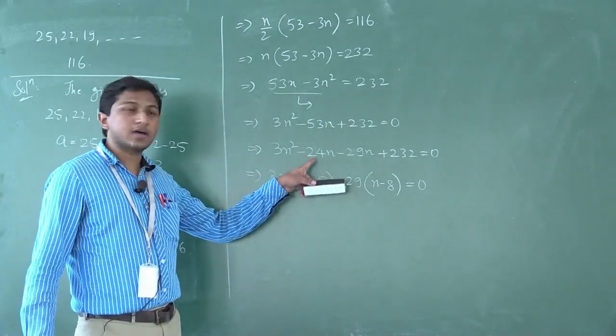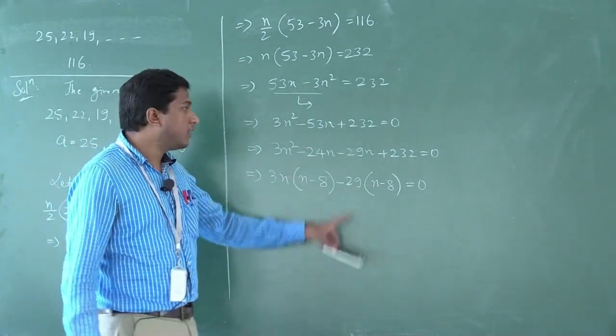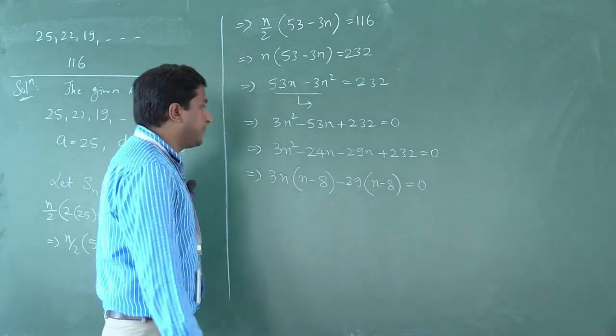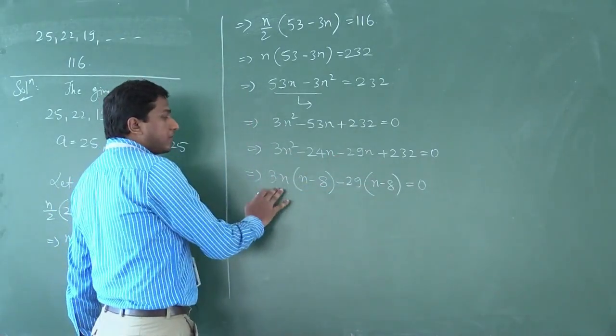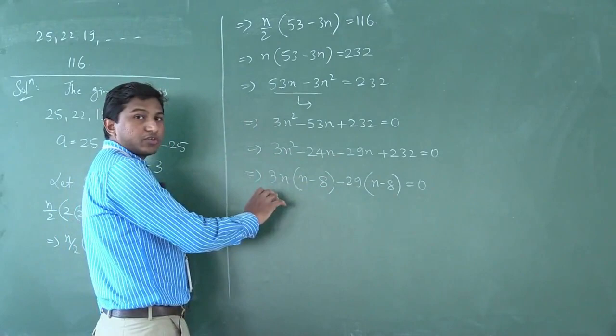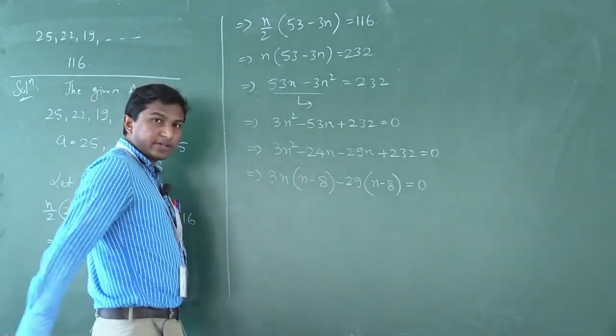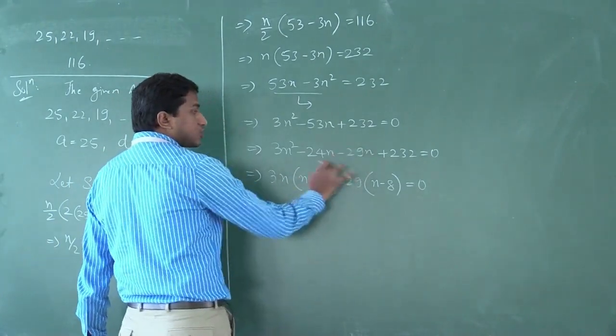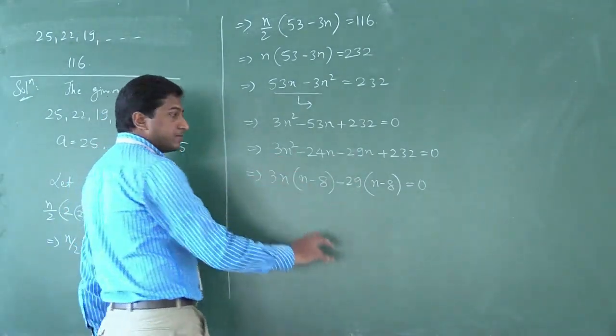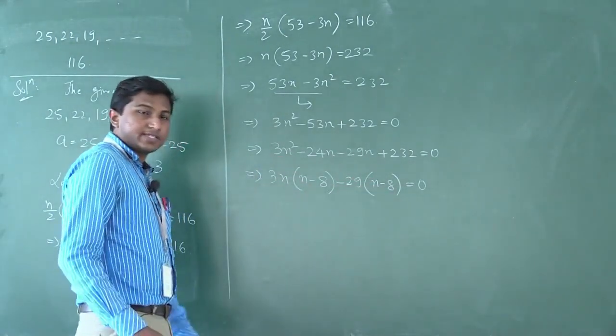So the factors are minus 24n, minus 29n. When we took out common factors, I took out 3n common from the first two terms and got n minus 8. I took out minus 29 common from the next two terms and got n minus 8.